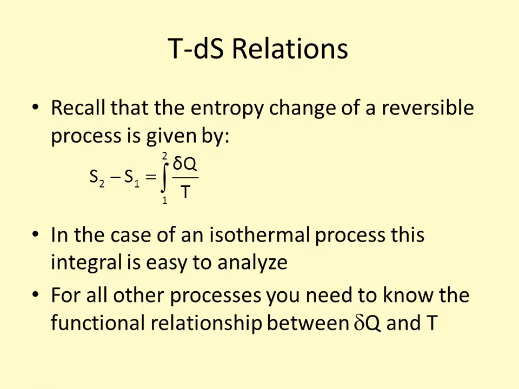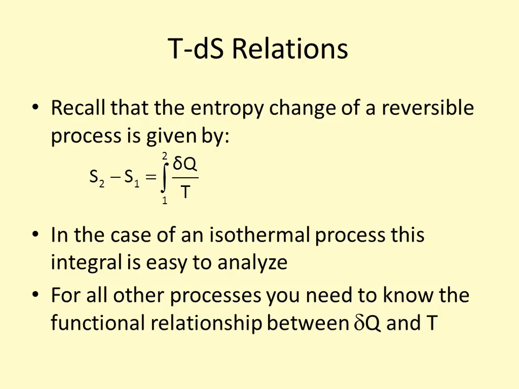Okay, so for entropy change of a reversible process, we don't have any entropy generation. So the simplified form of the entropy equation is just that the entropy change is equal to the integral of all the differential pieces of heat transfer at the boundary divided by the temperature. And in the case where this is isothermal, this T just comes out of the integral, and it's easy to analyze the integral when the temperature is constant.